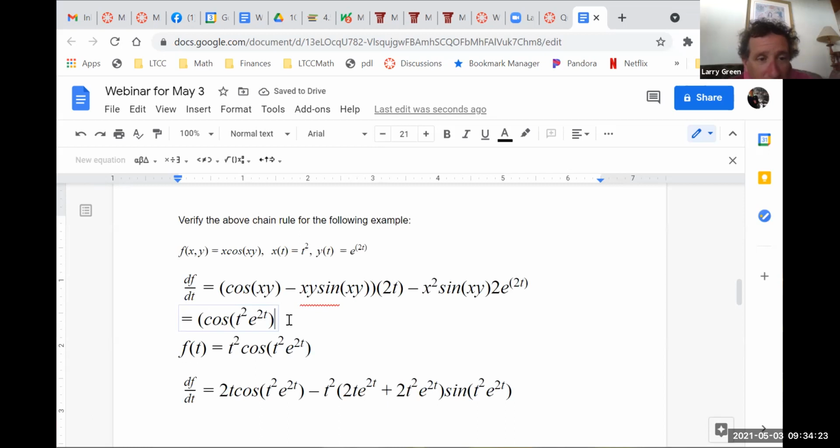And then we have minus xy, that's t squared e to the 2t, times the sine of xy, which is t squared e to the 2t, times 2t.